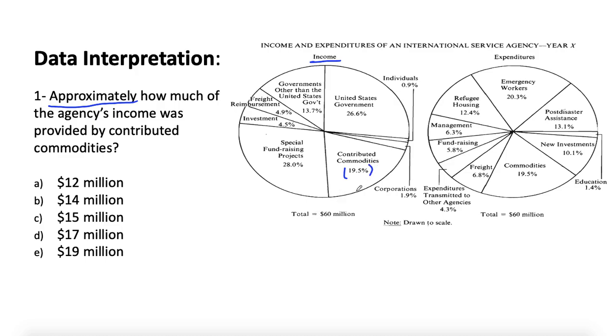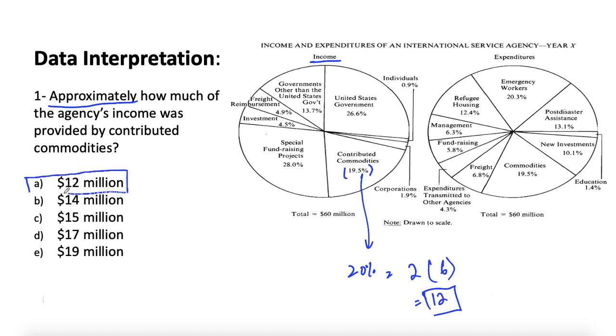This is approximation, so we can convert this 19.5 to 20%, because all of these values are in integer form. So what is 20%? We already know 10% is 6, so 20% will be 12 million, right? So the closest answer to this is option A.